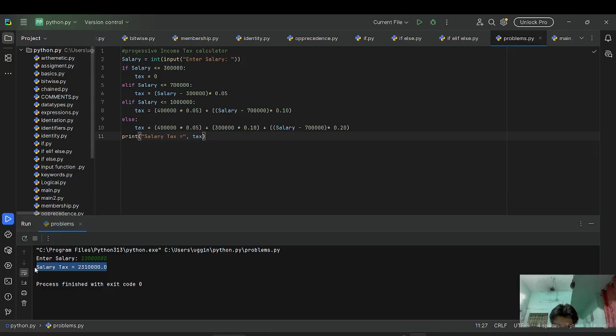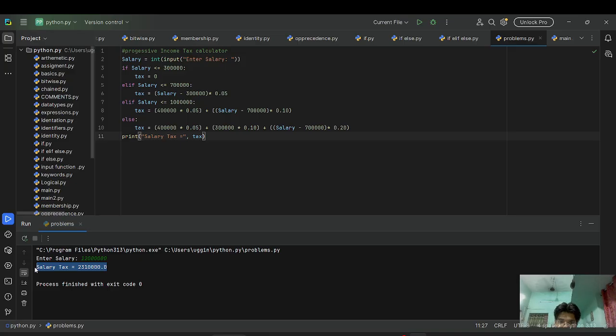Now calculation starts. The first 4 lakh after 3 lakh receives the 5% here. Here we have already calculated in the else condition, 4 lakh into 5%, here around 20,000. Now the next is 3 lakh into 10%. 0.10 means of course 10%. So it is equal to 30,000.